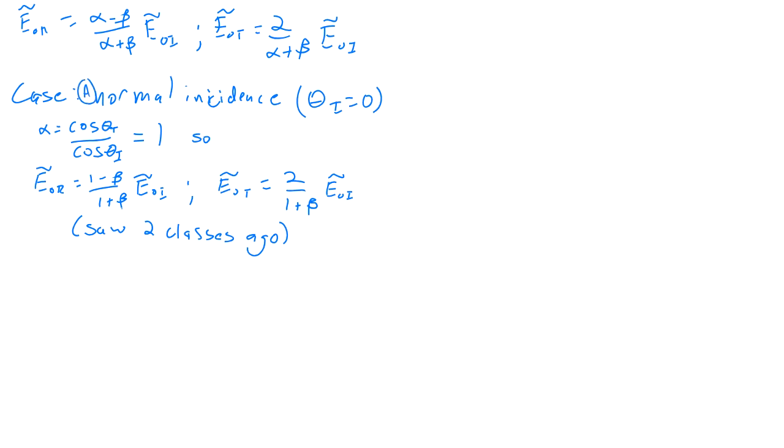Let's do case B. What's the other extreme we could have? Not normal incidence. Let's have theta equal 90 degrees. So that's going to be a grazing incidence.